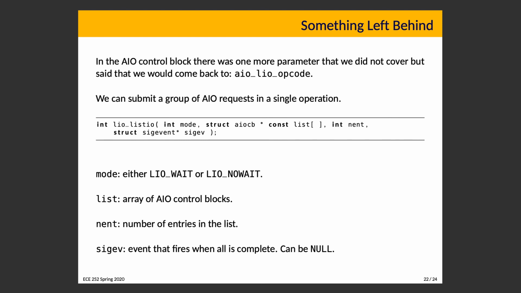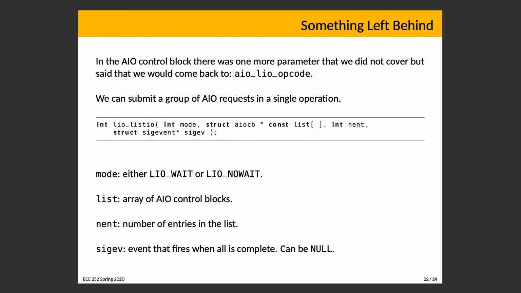You don't have to wait around, and that seems, to me anyway, much more likely what you would probably want to do. Then we have our list, the array of AIO control blocks, and that's not surprising. We have to have our array to actually do something, otherwise it doesn't work as expected.